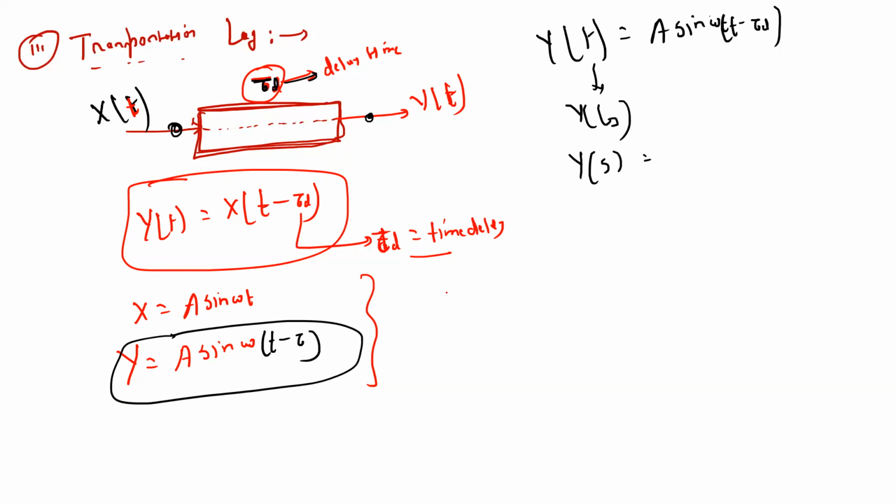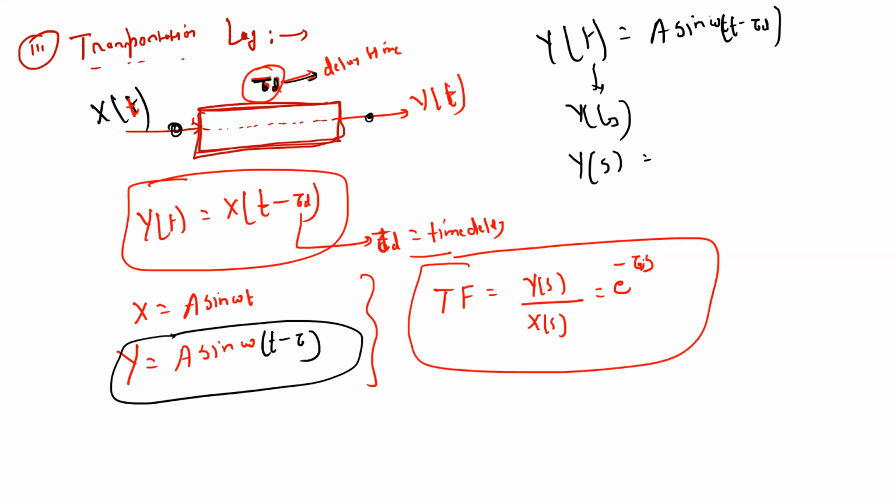So the transfer function of transportation lag used to be like that: Y(s) divided by X(s) is equal to e to the power minus tau s. And this is your tau d, sorry, that is your time delay.